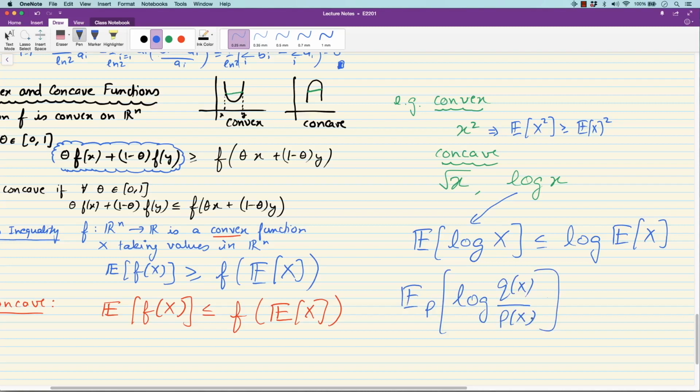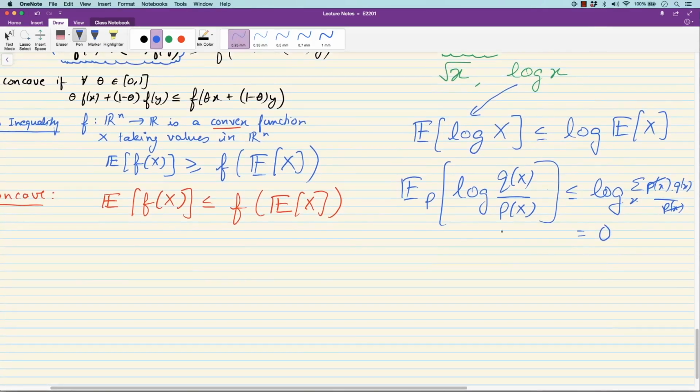So you can take this expectation inside. What does it look like? Expected value of qX by pX is summation over x of pX times qX by pX. So pX cancels and it's summation over x of qX, which is 1, and log of 1 is 0.